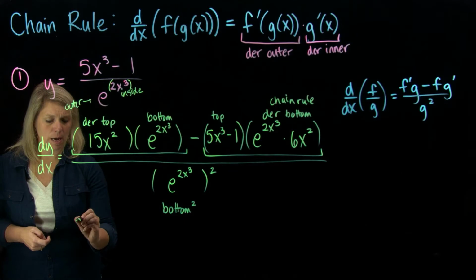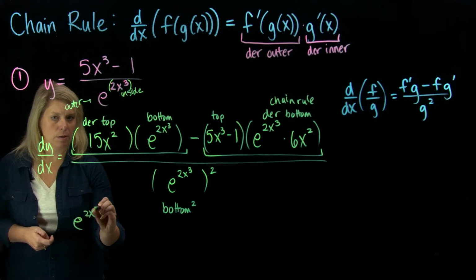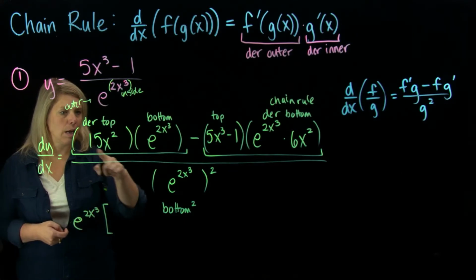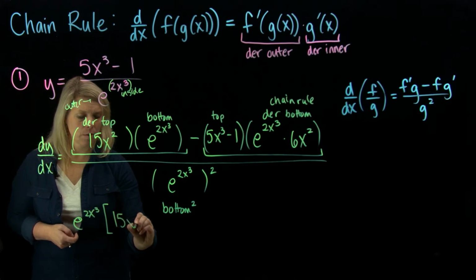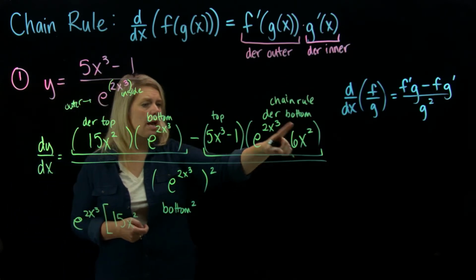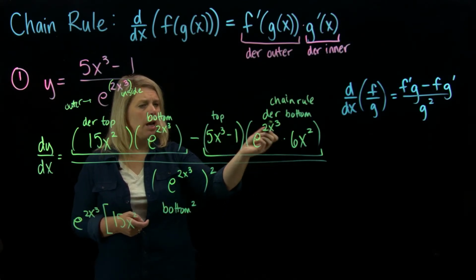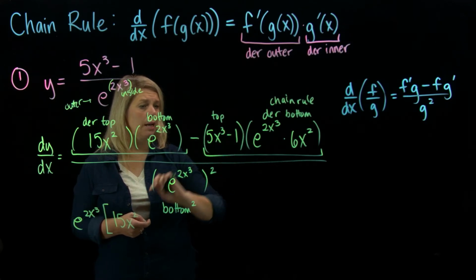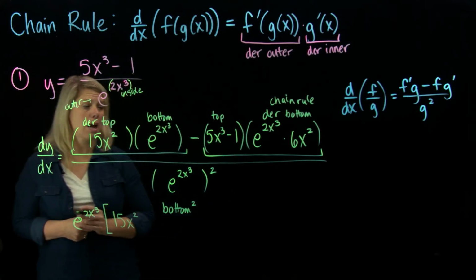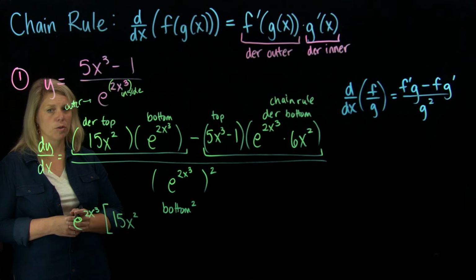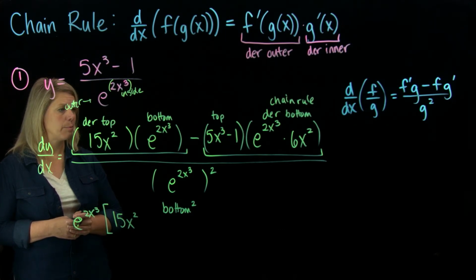Okay, so we have e to the 2x cubed. And then I'm left with 15x squared. And then on this last part here, I'll be left with a minus 5x cubed minus 1, that quantity, times 6x squared. I'm going to go ahead and distribute through the minus sign and the 6x squared at the same time. If that's too much to distribute through all at once, you can do that in a couple of separate steps.